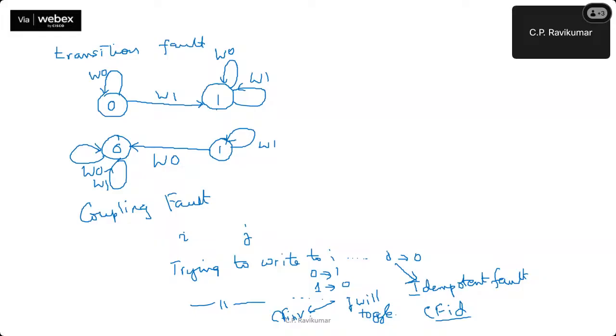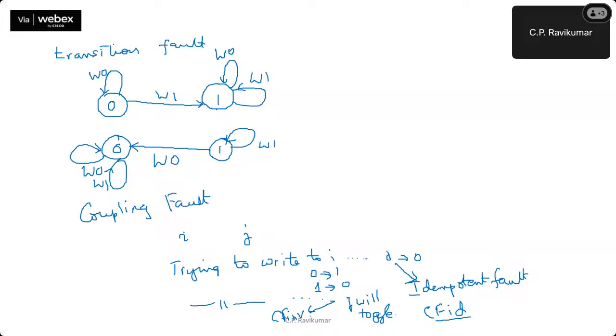In the same way, if I had to test for a coupling fault, we had to excite that particular fault condition. So if we are interested in coupling fault between cell number 55 and cell number 43, then first we had to initialize 43 to some known state, let us say 0.